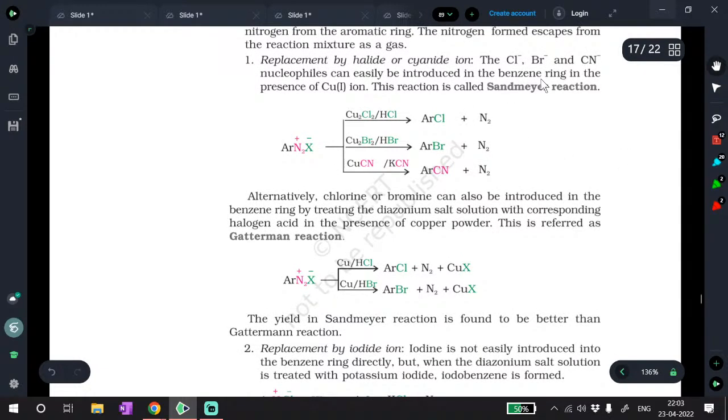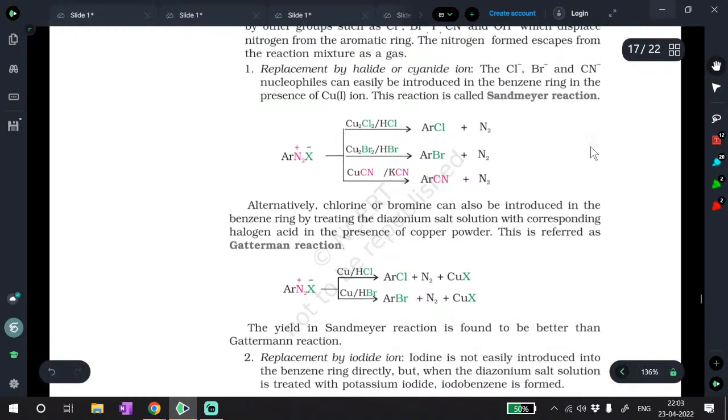So replacement by halide or cyanide: chlorine, bromine, cyanide nucleophiles can be easily introduced into the benzene ring.